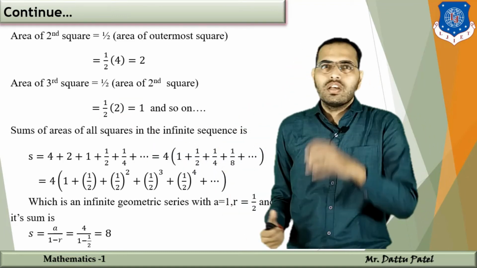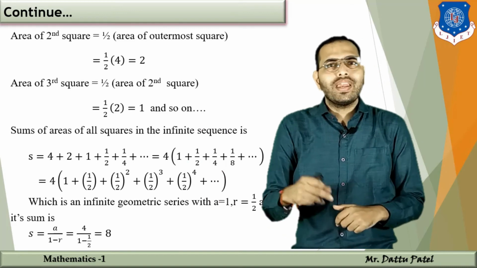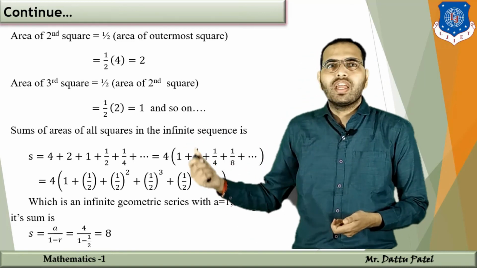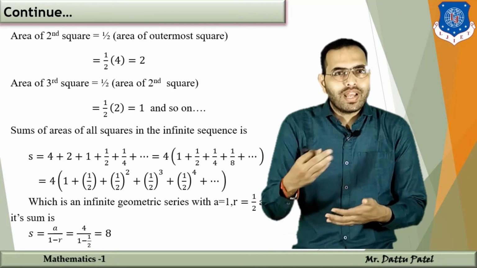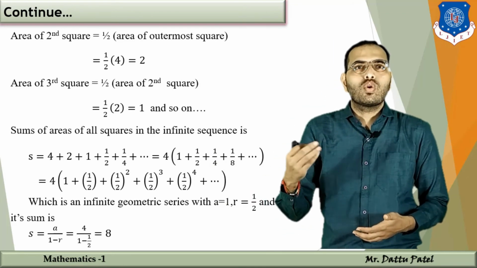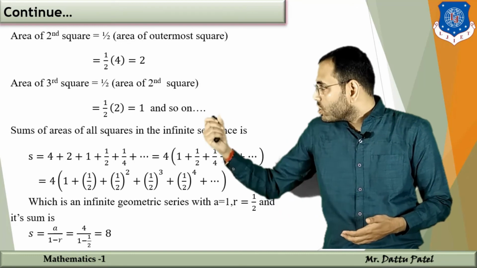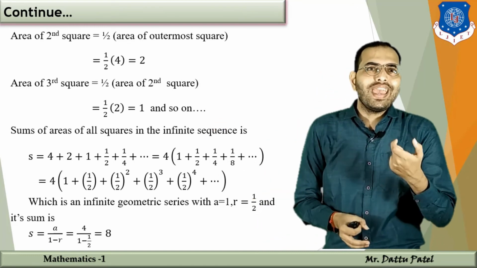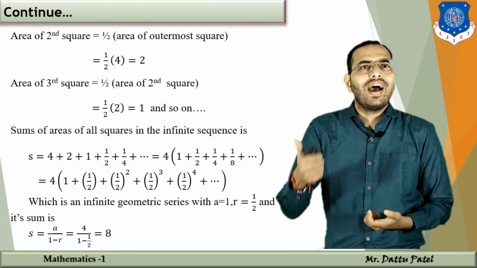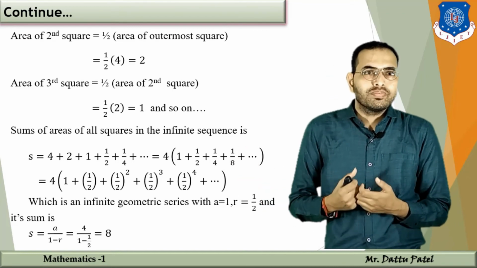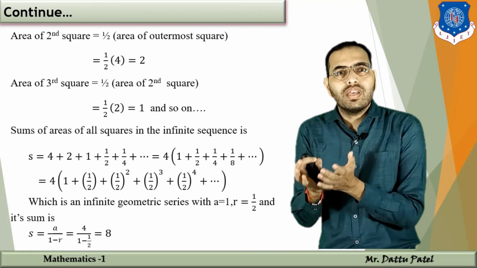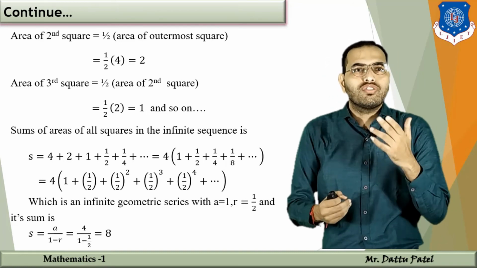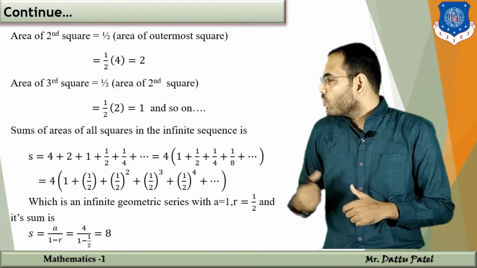Taking 4 common, it becomes a geometric series: 4 times the bracket 1 plus 1/2 plus (1/2) square plus (1/2) cube plus (1/2) raised to 4 and so on. Here a equal to 4 and r equal to 1/2, so its sum is S equal to a upon 1 minus r, equal to 4 upon 1 minus 1/2, equal to 8.